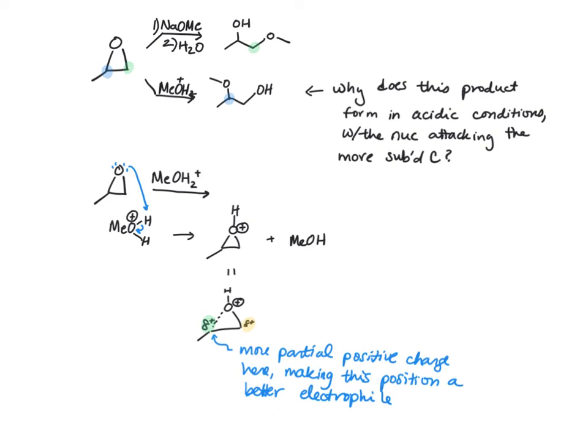But we know from understanding carbocation stability that the more substituted a carbon is, the more stable the carbocation is. Thus, more partial positive character can be found on the carbon on the left, which is more substituted. That makes this carbon a better electrophile and the one that is attacked by a nucleophile.